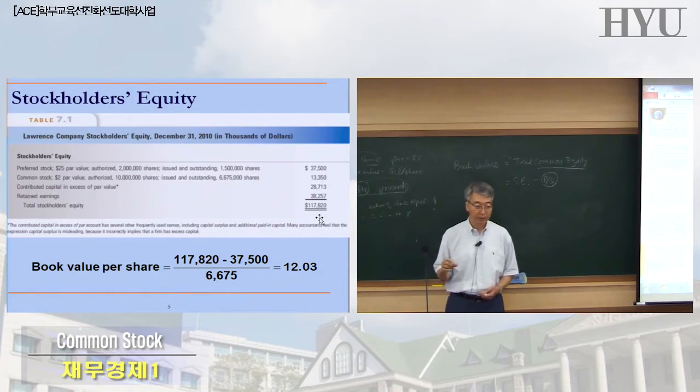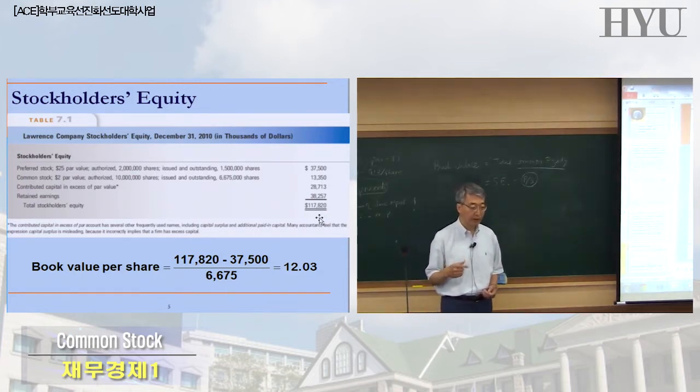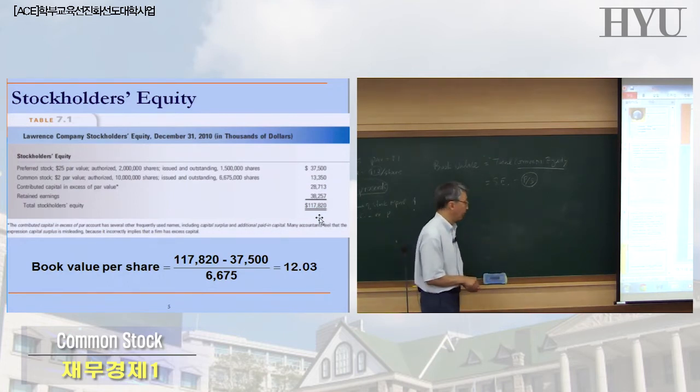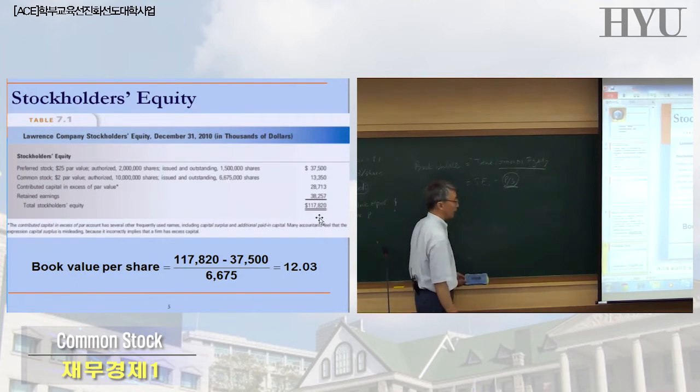So just like a bond, it creates an obligation, it creates a liability. So it is a debt, it's a liability, it's not equity. So from the total stockholders' equity, you subtract the preferred stock to come up with the book value of the company.